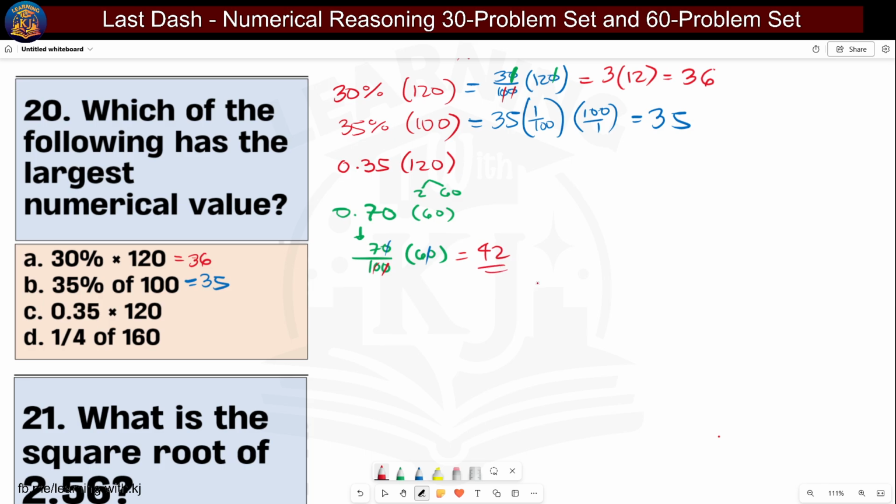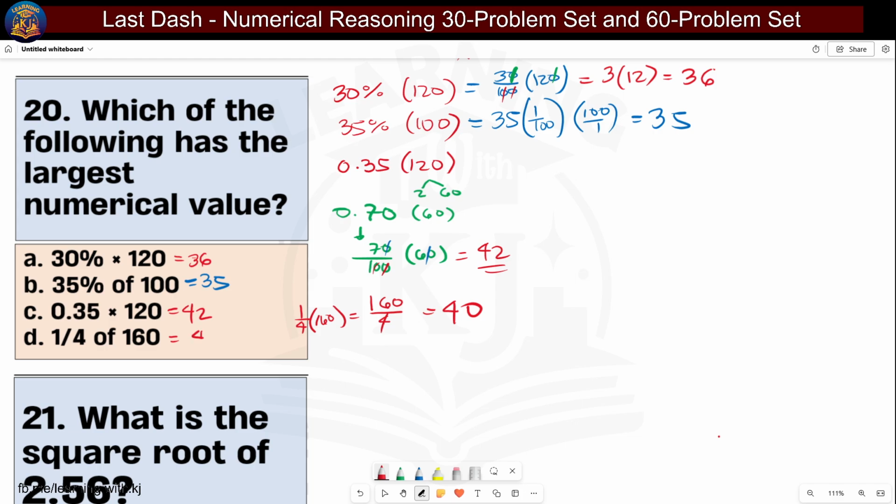Equal to 42. This one, 1/4 of 160. We have here 160 divided by 4. Okay, again, 1/4 of 160 is 160 divided by 4. Multiply or divide. Just the same. This is equal to 40.